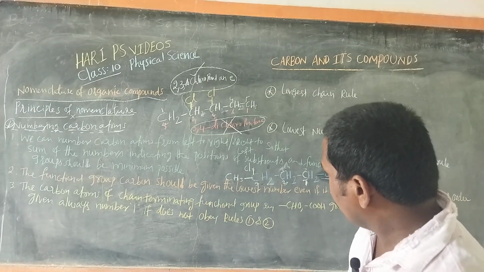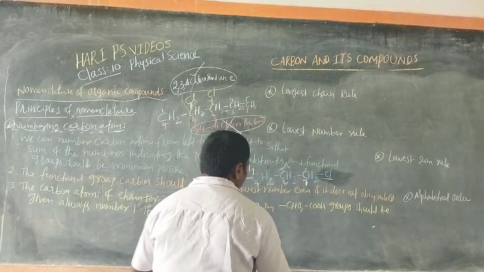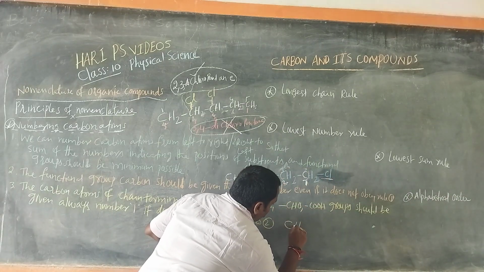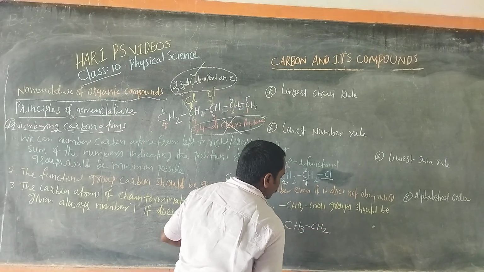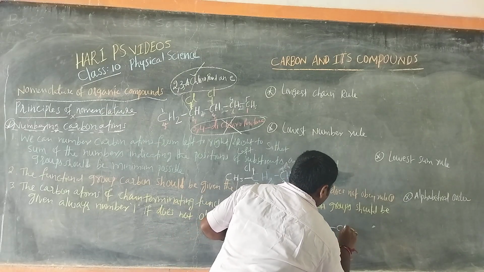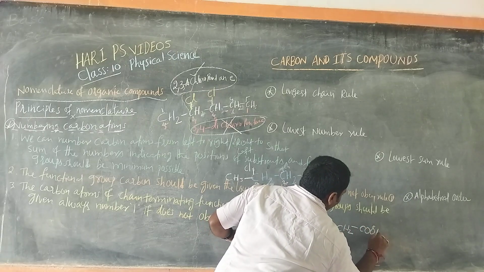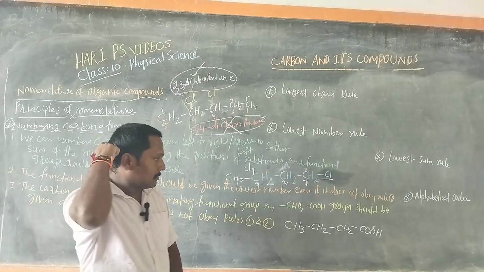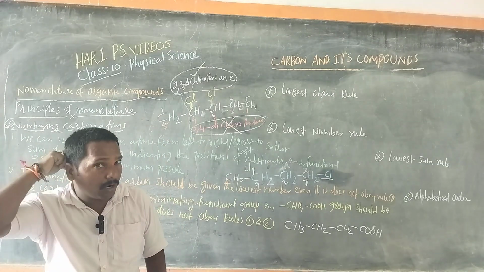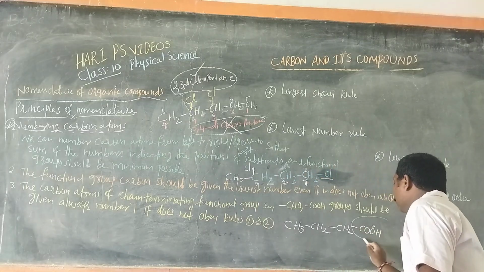For example, CH3, CH2, CH2, COOH. This is the functional group.